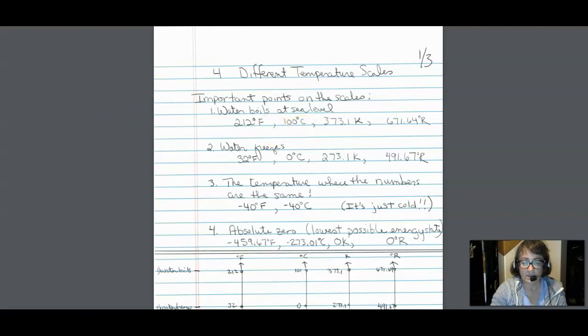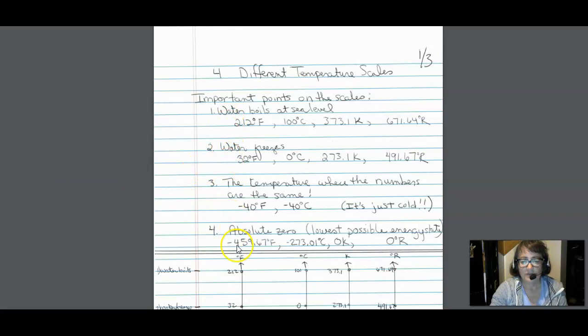Celsius, or sometimes it's called centigrade, is the scale that's used in everyday use pretty much everywhere else in the world. And then Kelvin and Rankine are 2 scales that are used by scientists that are based on the Fahrenheit and Celsius scales.